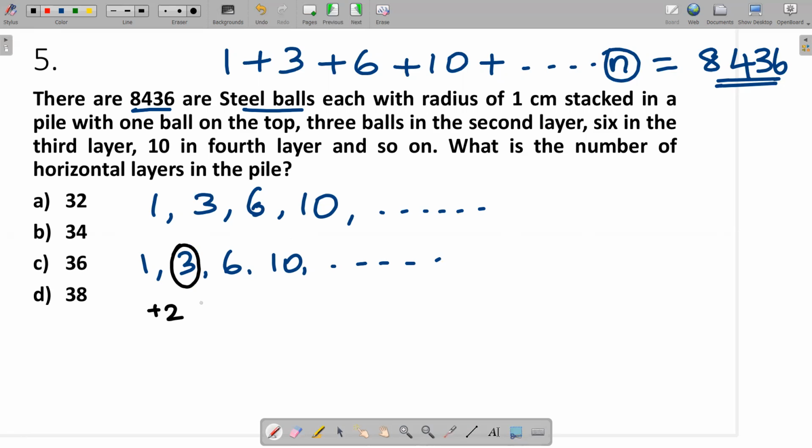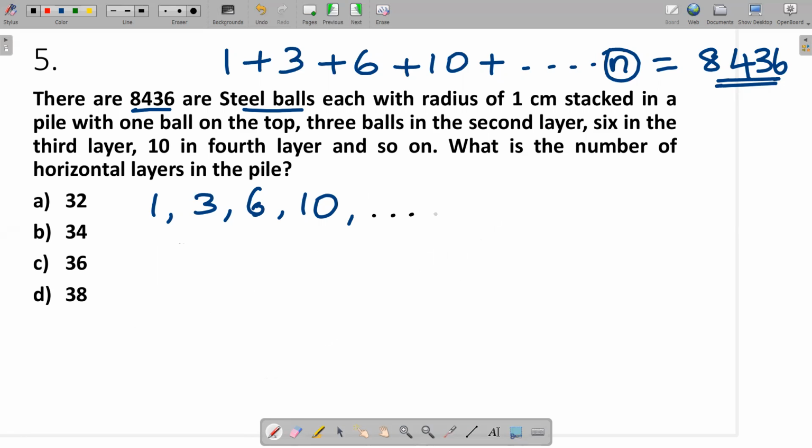This 3 plus 3 is equal to the 6 here. The 6 plus 4 is equal to 10. The next number will be 10 plus 5, that is 15, and this pattern continues.